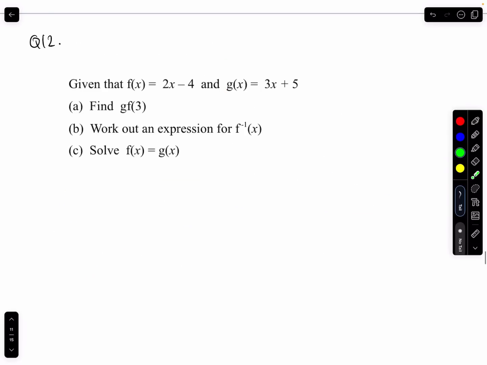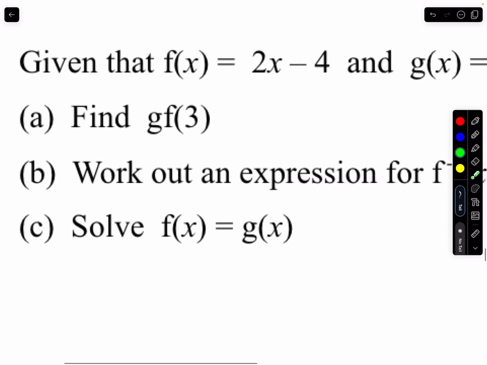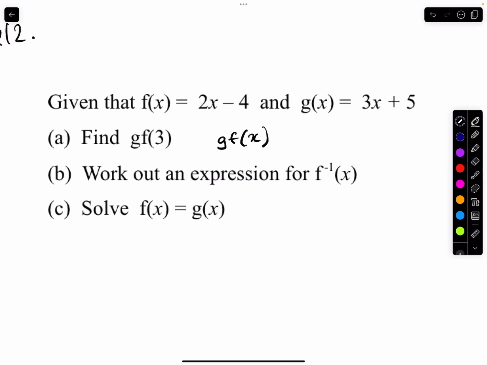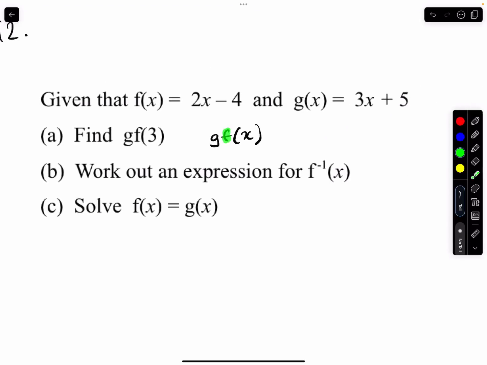Right, question 12. Given that f of x is equal to 2x minus 4 and g of x is that, find gf3. Here we've got a composite function. Sometimes the question might just be find gf(x). If you've been asked to do that, all you do is take f and put it into g's x, wherever that is.